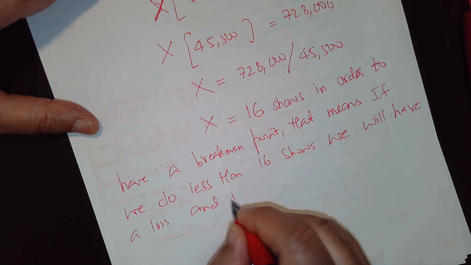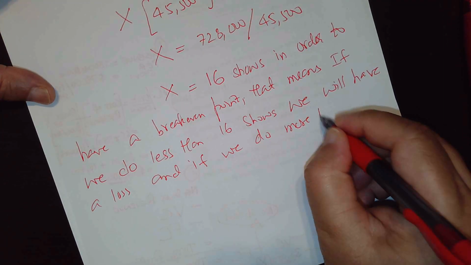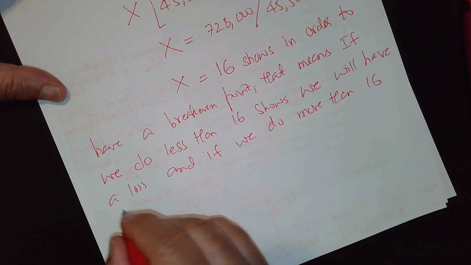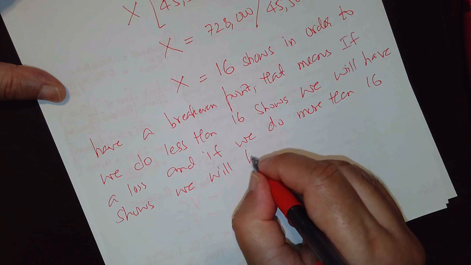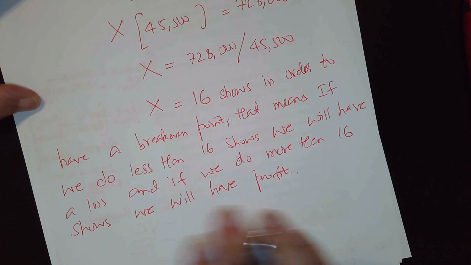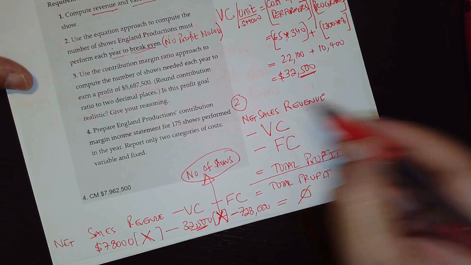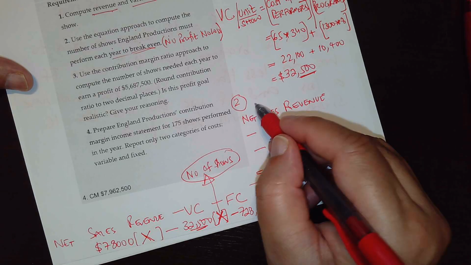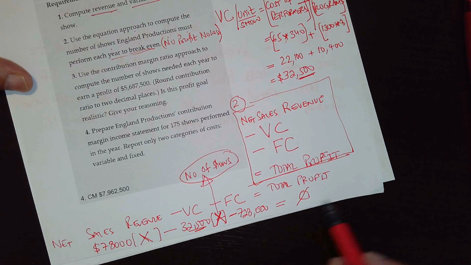And if we do more than 16 shows, we will have profit. So that's the idea behind this question. I hope that I was clear on this. So this is one way of writing the equation, and there is another way of writing the equation.